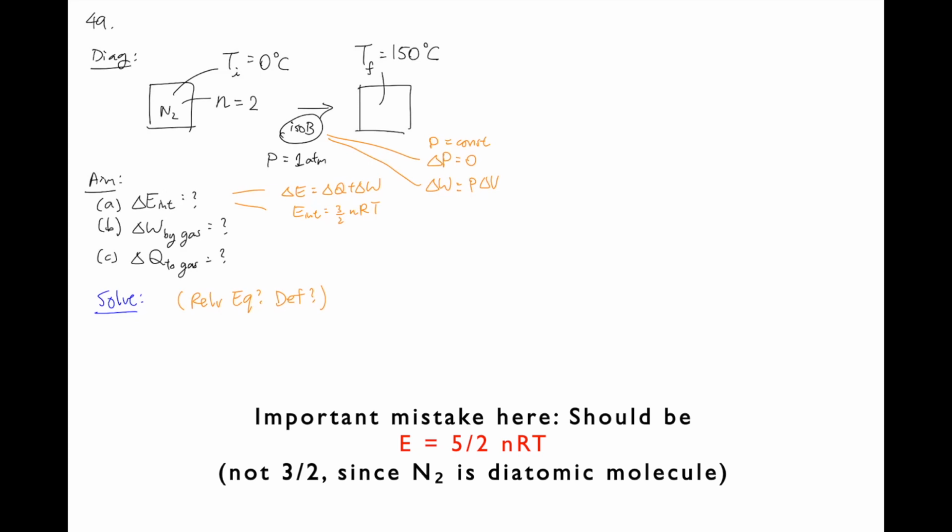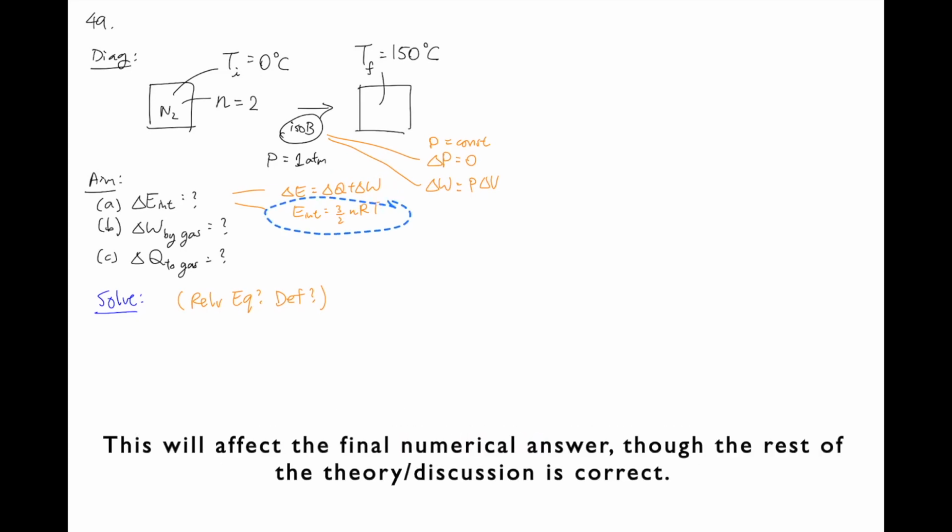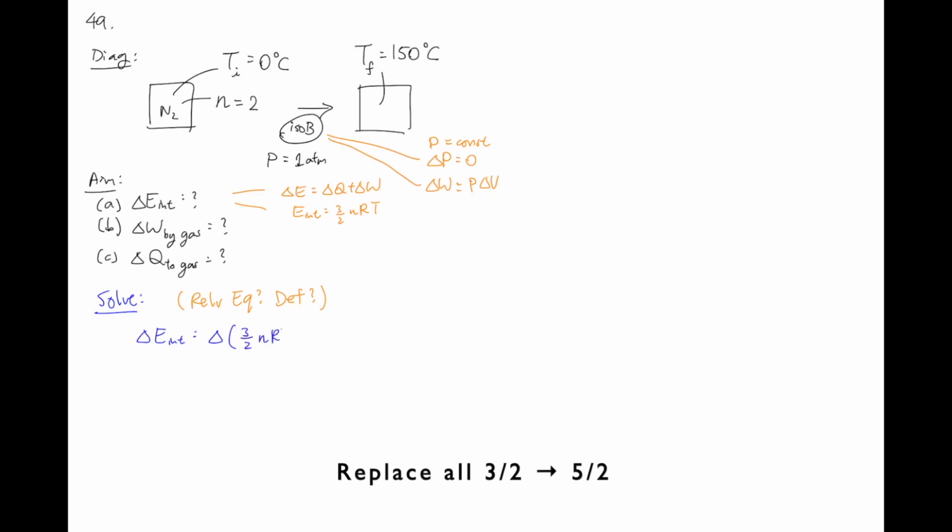So now which equation here might be most useful? Because I don't have Q and W, probably this one is the most useful for solving part A because I'm given T, and that's a good start, right? So we'll write down change in internal energy. Internal energy is 3/2 nRT, so the change of it is the change of 3/2 nRT.